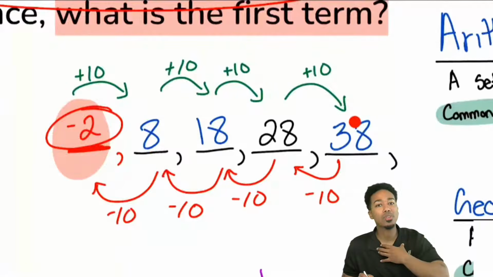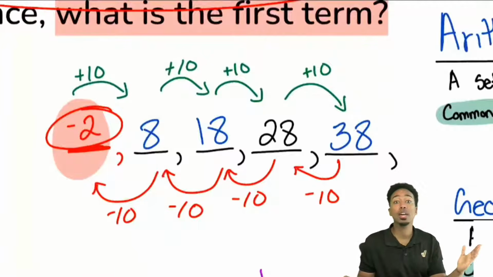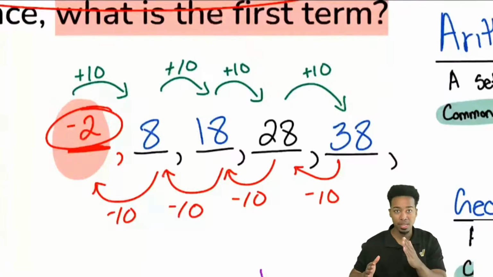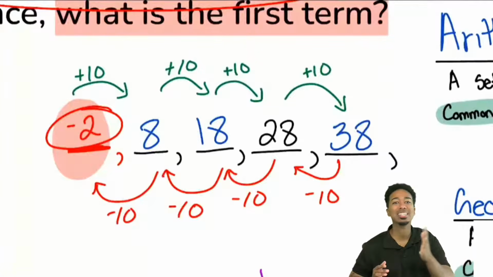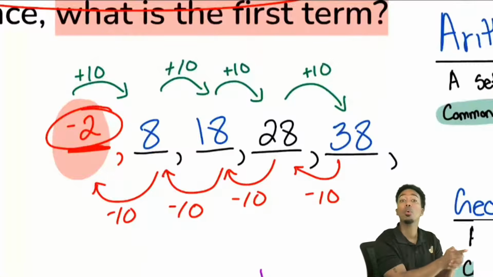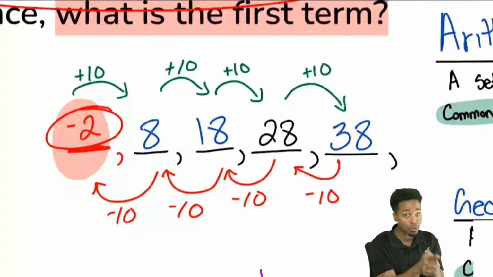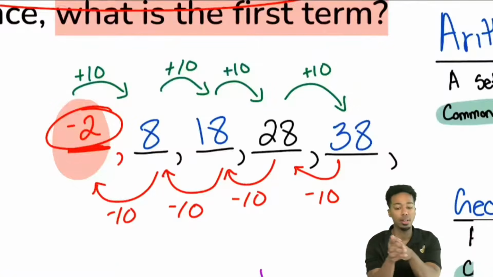The reason we found out that it was just 10 is because if you go 2 spaces, you added 20. So that means that if you only go 1 space, cut that in half. 20 divided by 2 is 10. So that means that from every 1, you're going up 10. And we got that from going every 2 is 20, which means every 1 is 10.